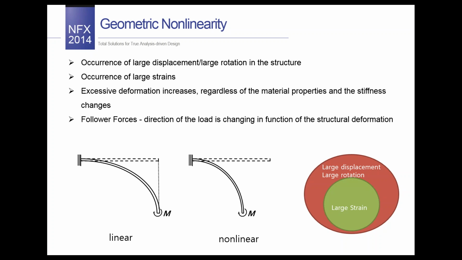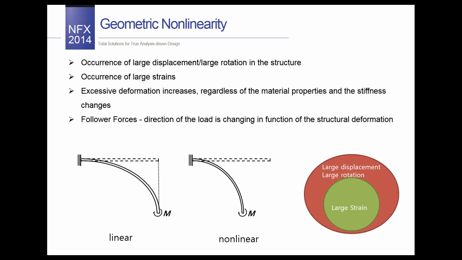In nonlinear analysis which considers large deformation, the direction of the load changes as a function of the structural deformation, in other words, the applied forces can follow the deformation. Most engineers associate these geometrical nonlinear problems with large displacement effects like buckling. But as I said, these problems can also involve small displacements.